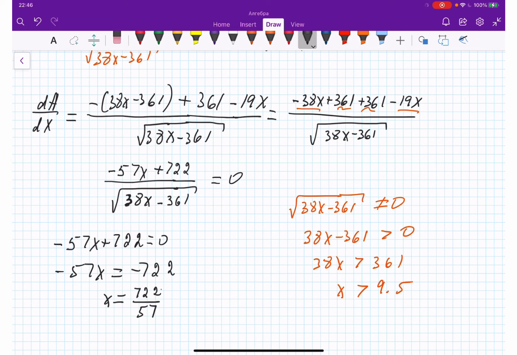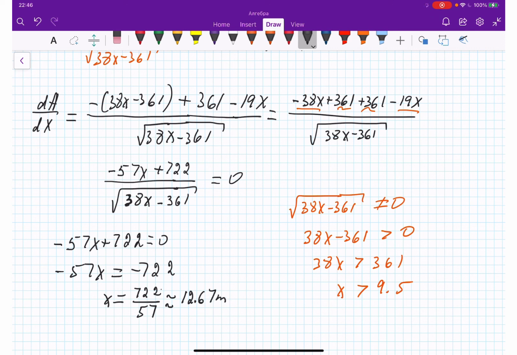Negative and negative cancel each other, which means it gives us positive. And 722 divided by 57 is approximately 12.67 meters.